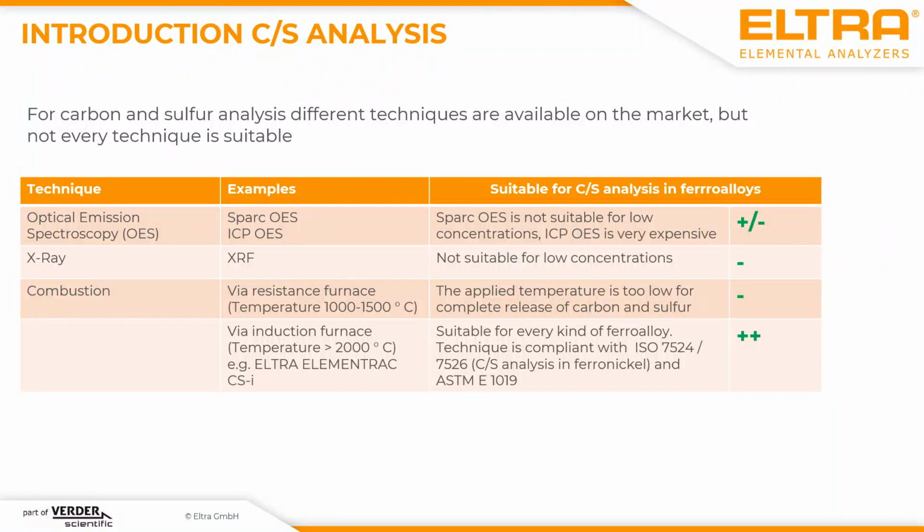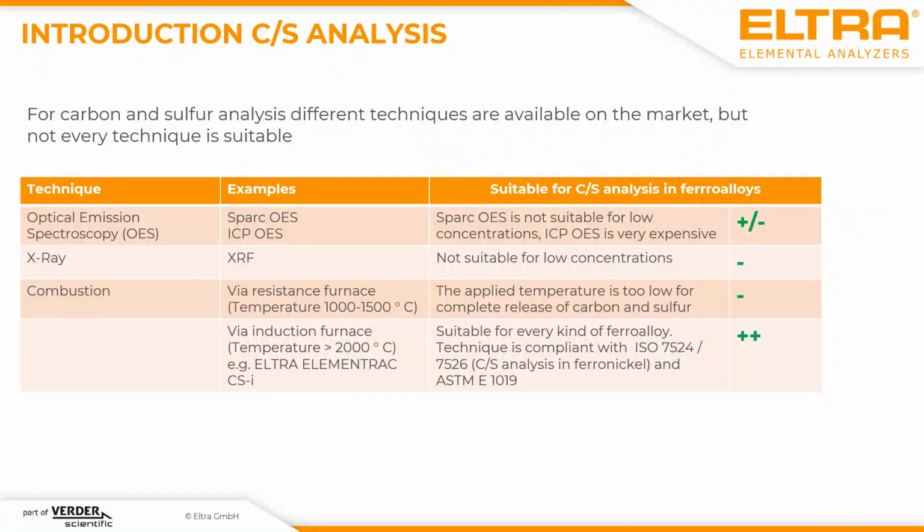In former times, combustion analysis meant that you use a resistance furnace analyzer. So they just work like an oven where you put in your sample at temperatures of about 1000 or 1500 degrees, and you combust your sample and measure carbon and sulfur.